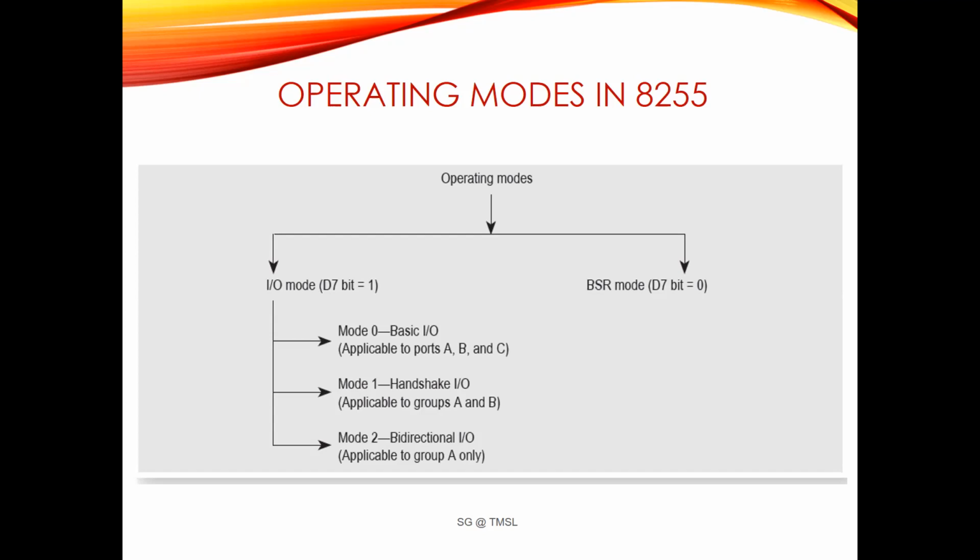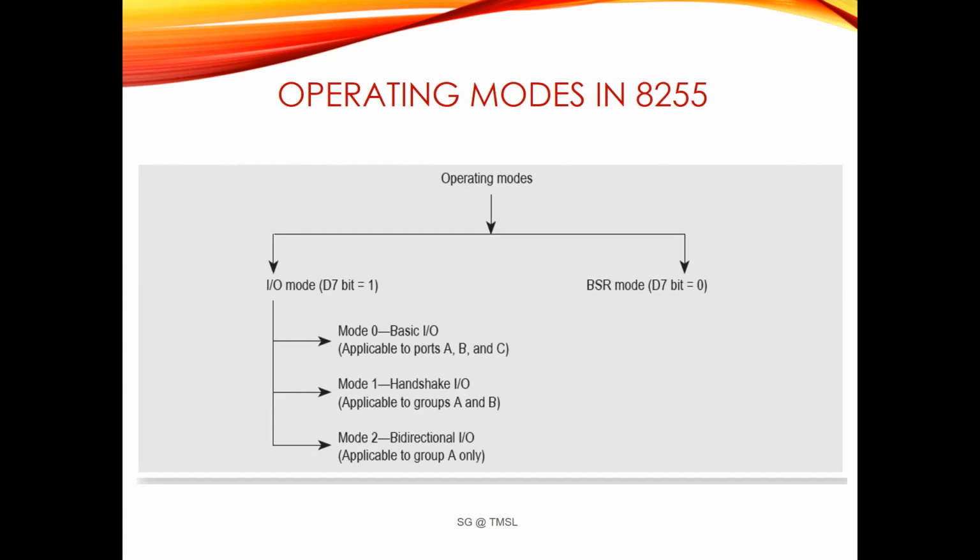Before starting your operation through the 8255, you have to load the control word into the control register, so that the microprocessor can identify that this port is used as an input port, this port as an output port, or that this mode has been selected. Each bit in that control word specifies different functions. I will discuss the control word of each mode later.